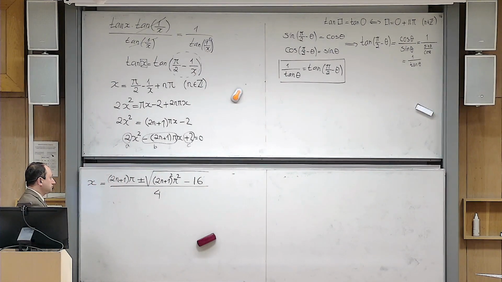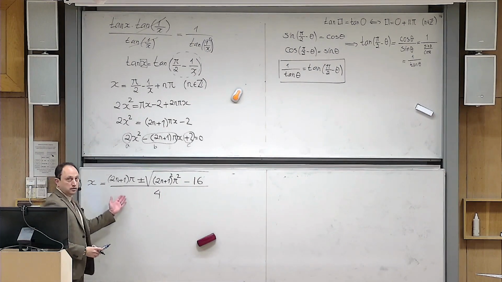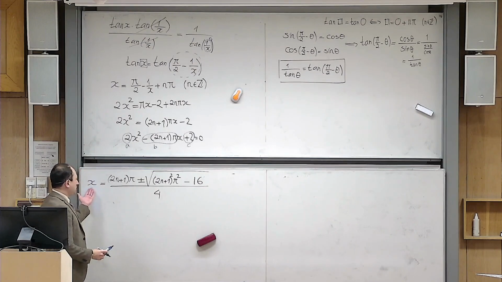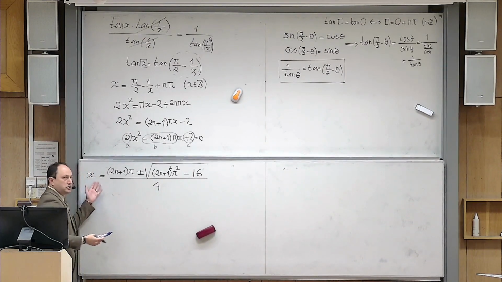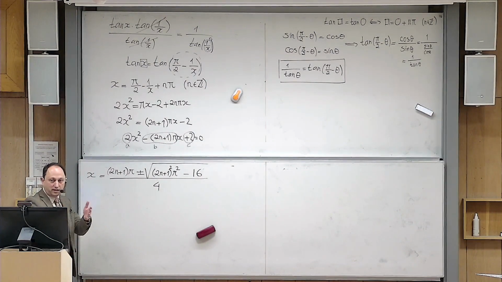Okay? So that's actually finished. But my goal was to find x, so I just rewrite it a little bit so that it agrees with exactly what I have written in the notes. So I would write it like this.